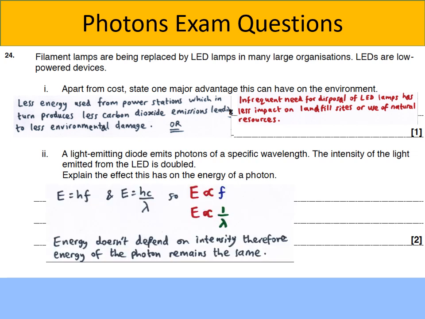The energy is equal to hf, which is equal to hc over lambda. So we know that the energy is directly proportional to the frequency, and inversely proportional to the wavelength. But energy doesn't depend on intensity, therefore the energy of a photon remains the same.